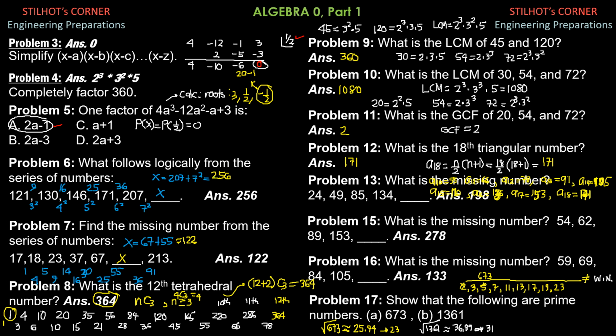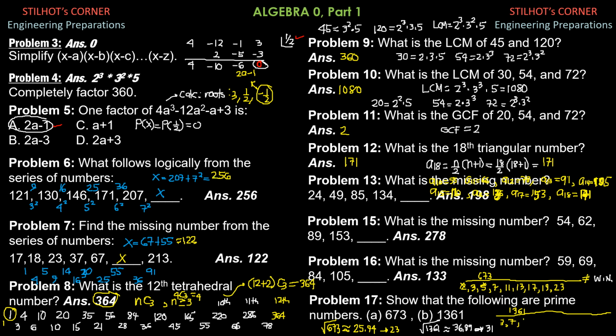So we divide 1361 by all prime numbers except 2 and 5 and check if the result would be a whole number.